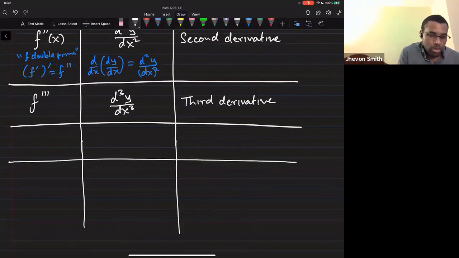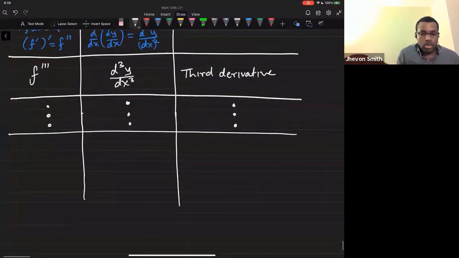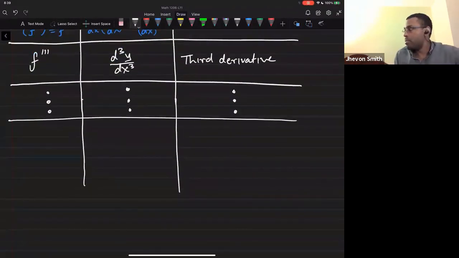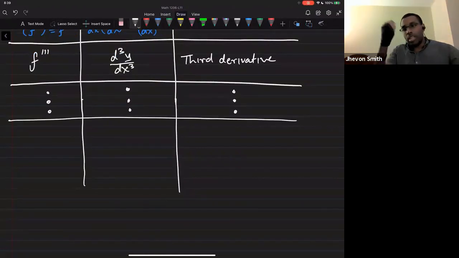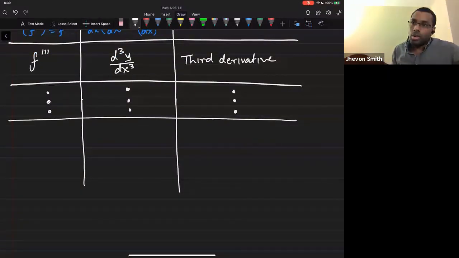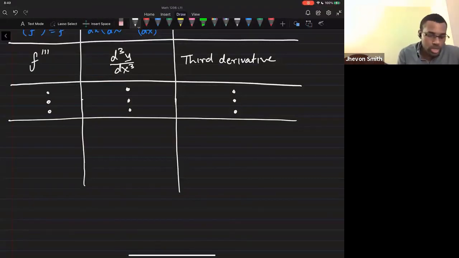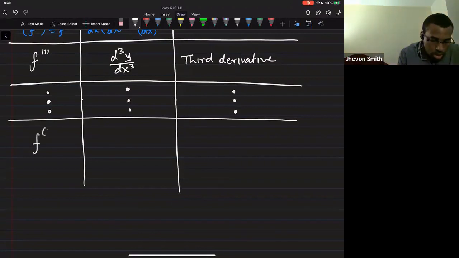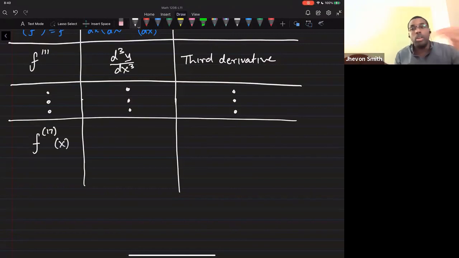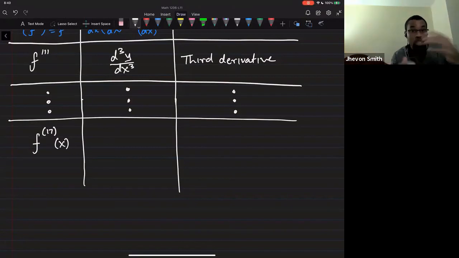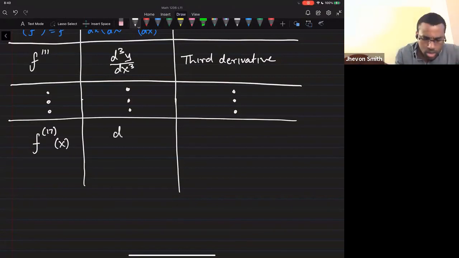Let's say you get to the 17th derivative, and no one's going to sit there writing 17 primes. Once you pass 4, you don't do primes anymore. You put the derivative order as a number in the power, with parentheses around it. So again, be careful with notation. If you have a power with parentheses around it, it actually means a derivative. So this would be d^17 y over dx^17. This is the 17th derivative.